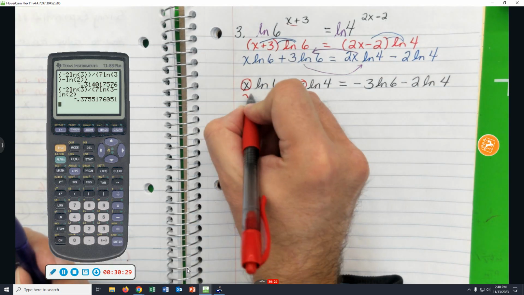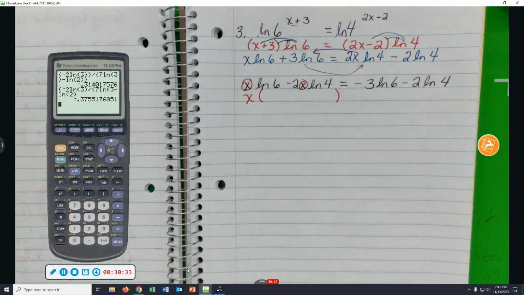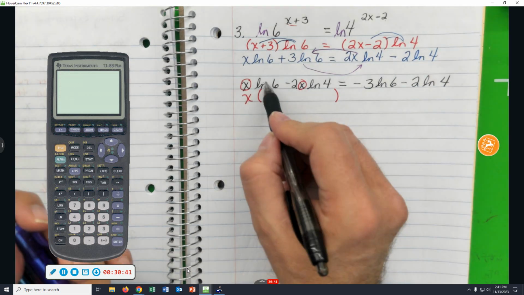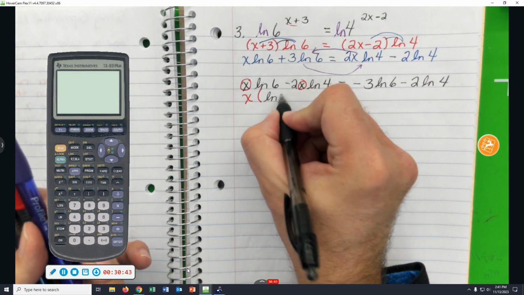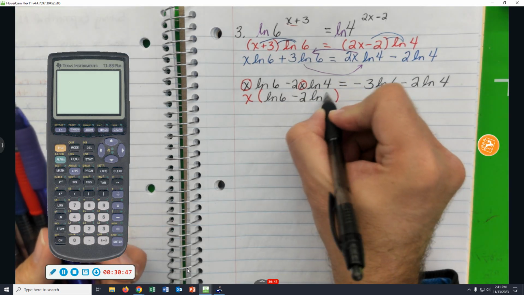So just write down the x in the parentheses. I'm just factoring a variable out of a messy looking expression. And just write down everything that's left without the x. You'd have a ln 6 and a minus 2 ln 4.